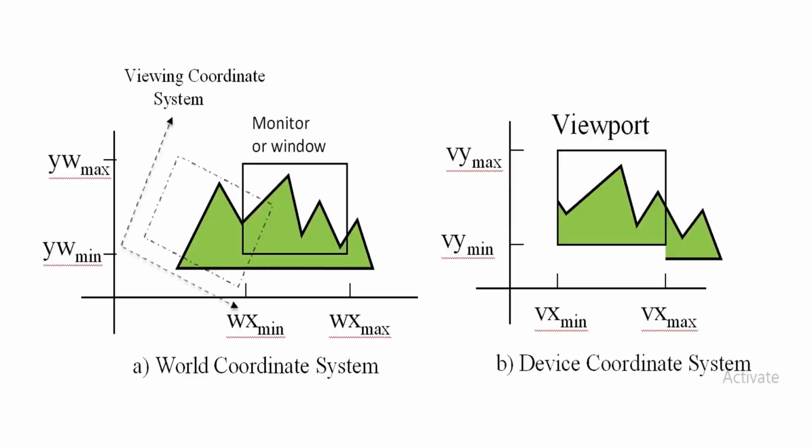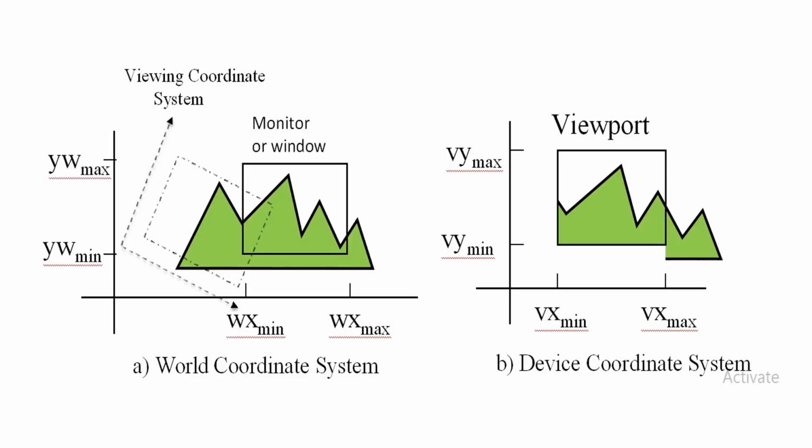Here we have one figure in which we focus on the world coordinate system and the device coordinate system. In the world coordinate system, we have a window or a monitor. It has Y window max, Y window min, WX min and WX max. These are the coordinates for that scene, where the scene is located.